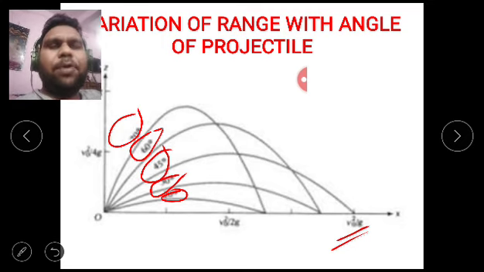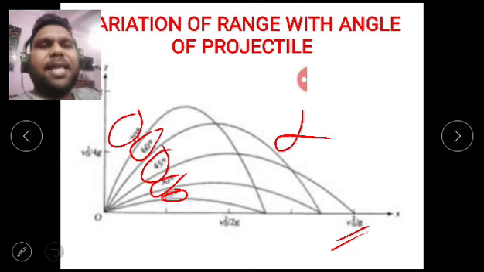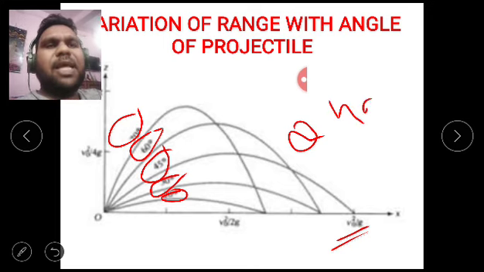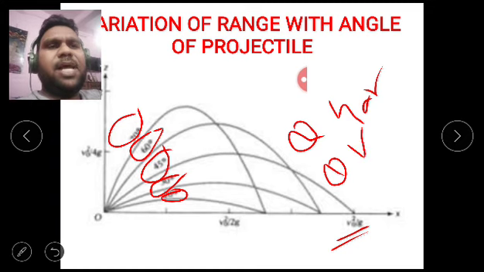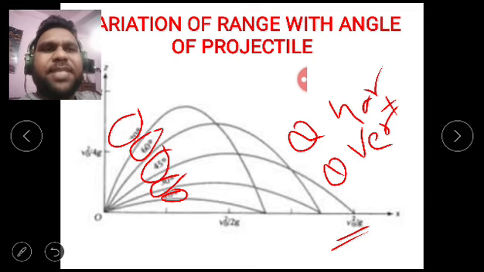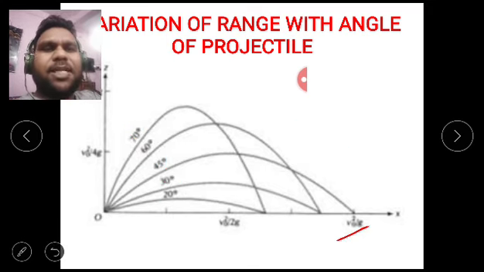Okay, but I would like to tell you one concept here. At angle alpha or theta with the horizontal, and angle theta with the vertical, the range will remain the same. That means suppose an object is making an angle of 20 degrees with the horizontal, and another is making 20 degrees with the vertical.